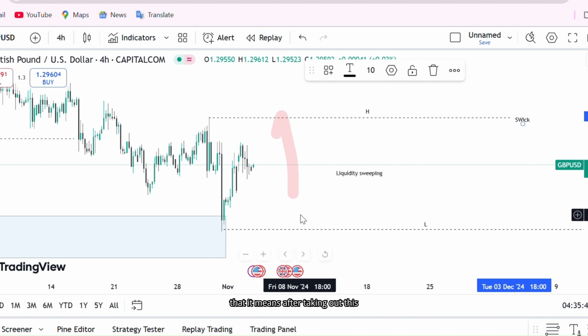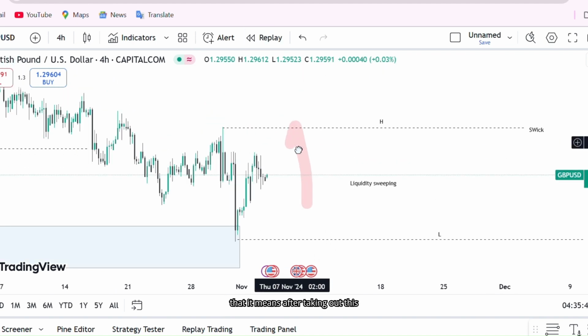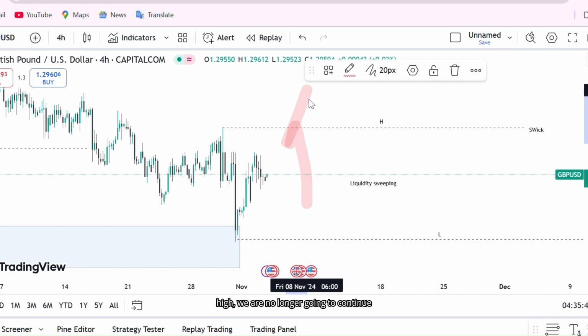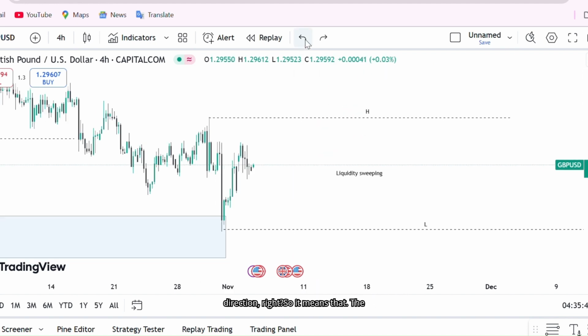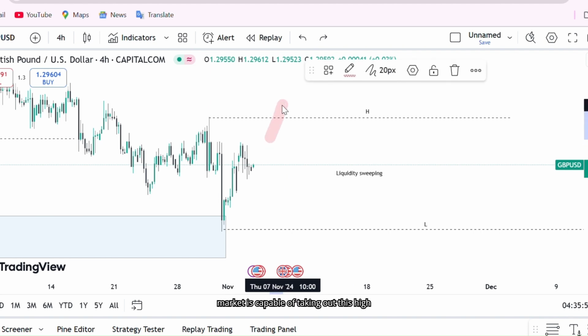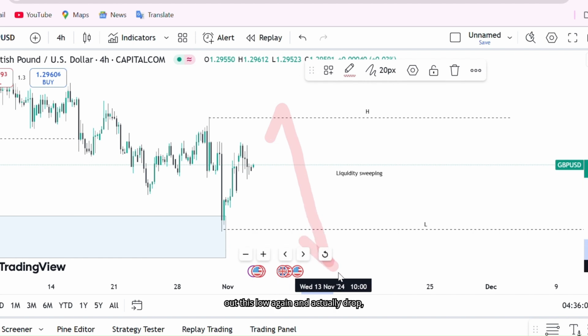So it means that after taking out this high, we are no longer going to continue going to the upside direction, right? So the market is capable of taking out this high with a wick, a liquidity sweeping, and then it doesn't retrace and continue going up, but it comes back and takes out this low again and actually drops, right?